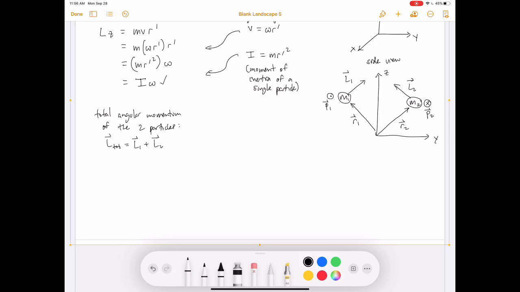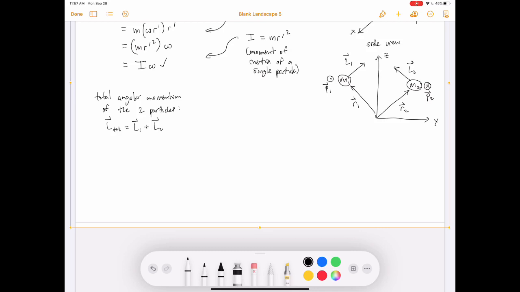And let's actually draw this out. How do we do L1 plus L2? Well, if L1 is pointing up and to the right like this, and L2 is pointing up and to the left like this, this is how we show them being added together, tip to tail, to give you L total, which actually just points straight up.